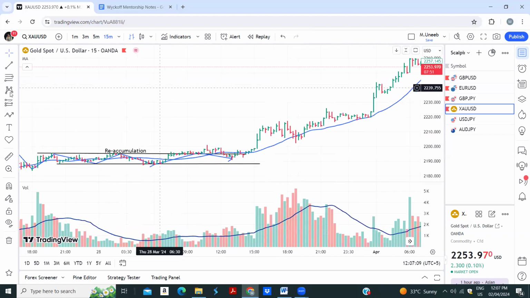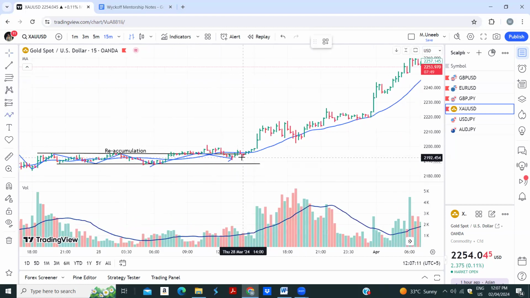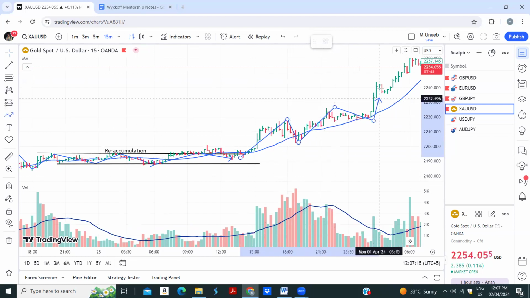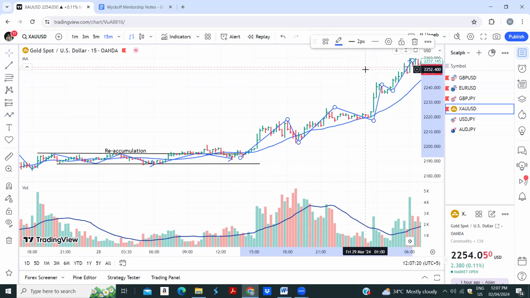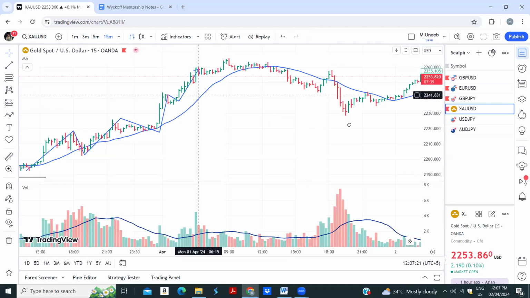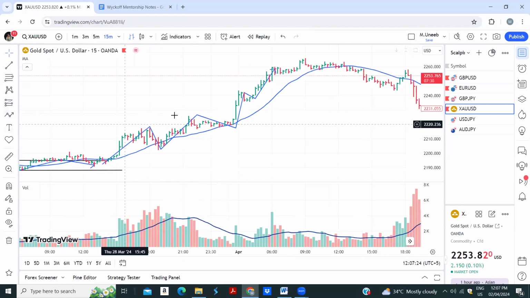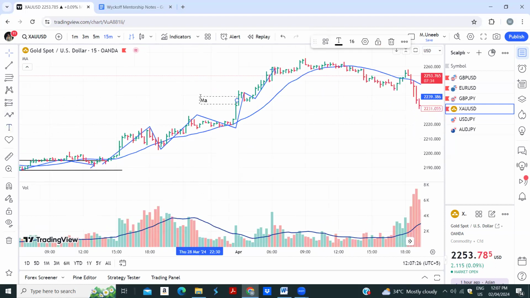And after a reaccumulation stage, what do we have? We have a markup. We call this stage a markup, or uptrend.